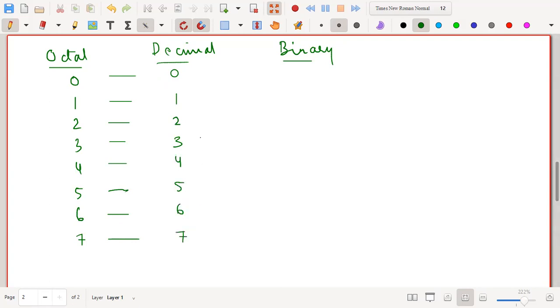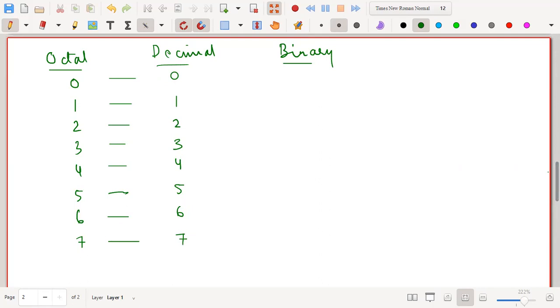Now, after 7, what is the next octal number? 8 is not in the octal number system, and neither is 9, but 10 is, because 10 includes only 1 and 0.